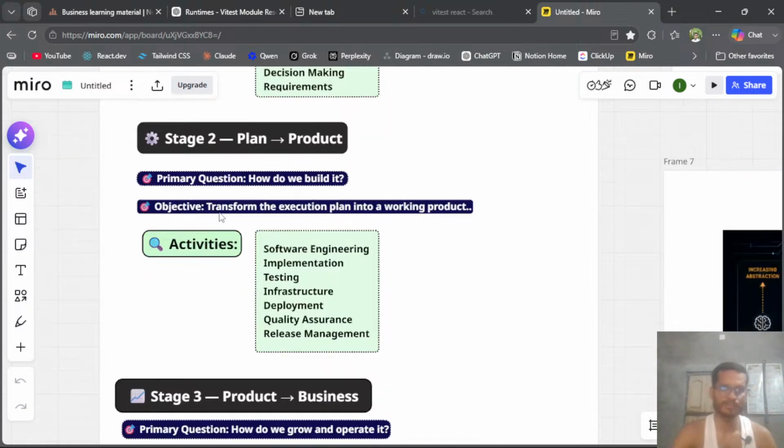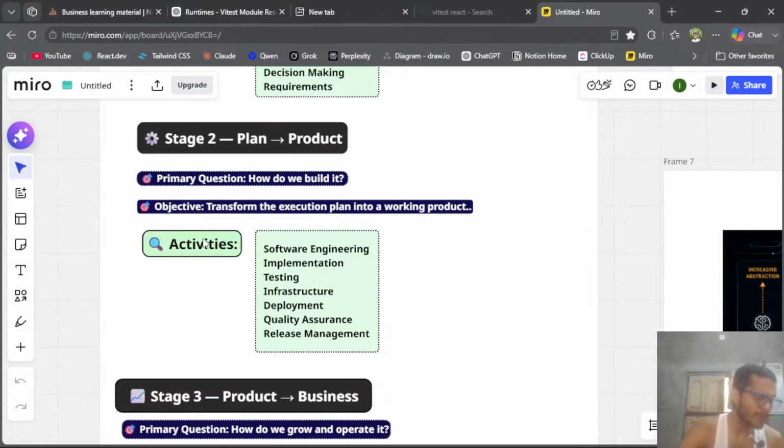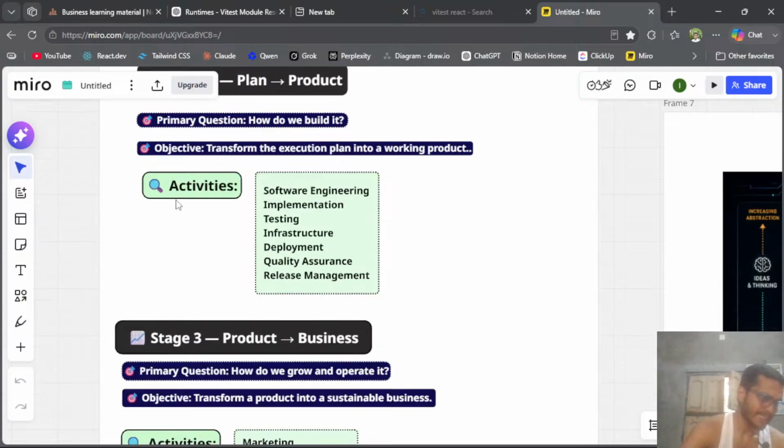Then the second stage, plan to product. The question is how do you build it? Once you have the entire plan, now you are asking how do you build it. The objective here is to transform the execution plan into a working product. The activities are software engineering, implementation, testing, infrastructure deployment, quality assurance, and release management.